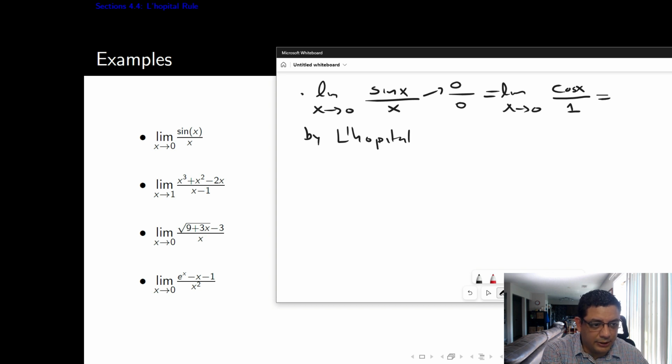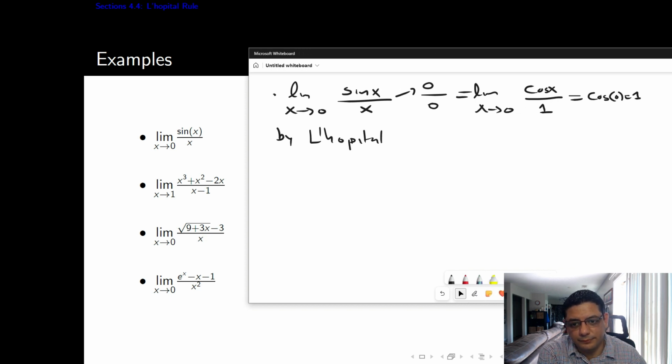So this will be cosine of 0, which is 1. And that's how we can prove that the limit when x goes to 0 of sine of x over x is just 1.